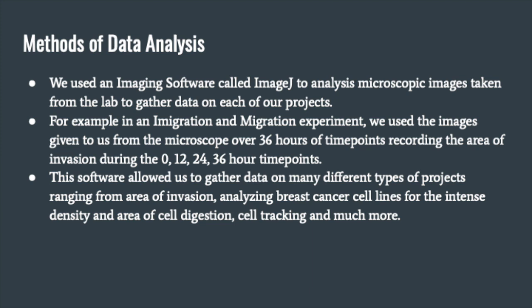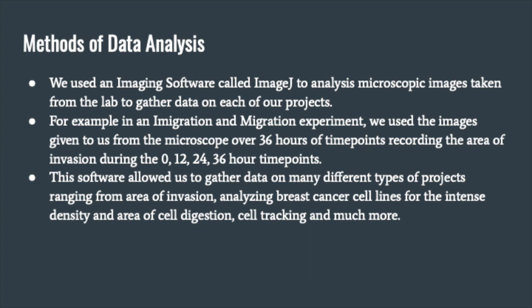So for methods on our data analysis, we used an imaging software called ImageJ to analyze microscopic images taken from the lab over certain time periods and gather data for each of our projects.